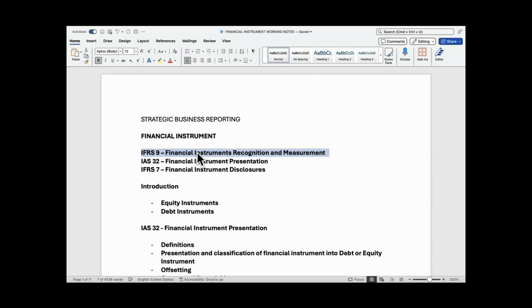It is still giving guarantees to the counterparty that if those customers fail to pay, they will compensate. That shows that you have not transferred the risk and reward. And for that reason, we said that it cannot derecognize the financial asset, that it has to continue to recognize the financial asset.